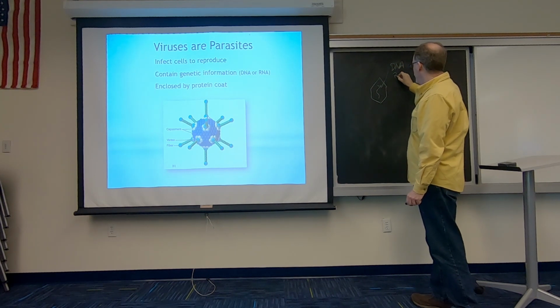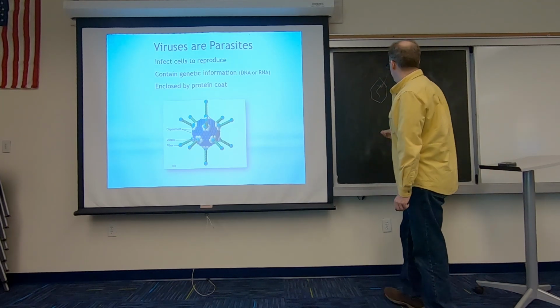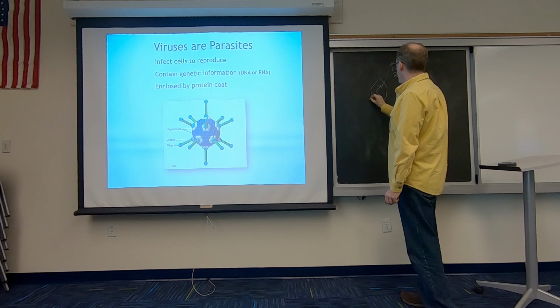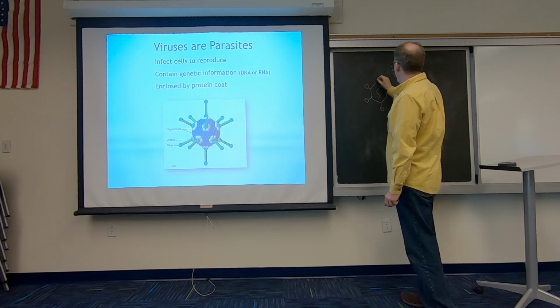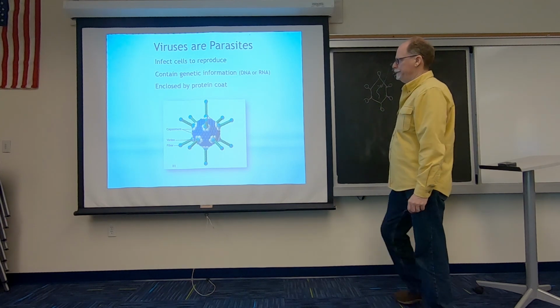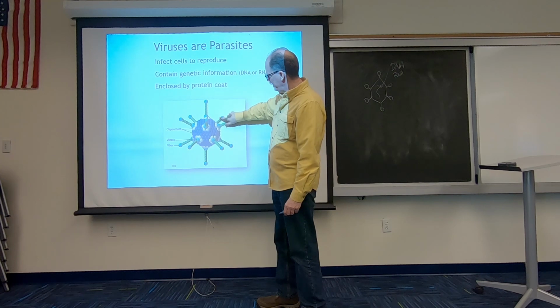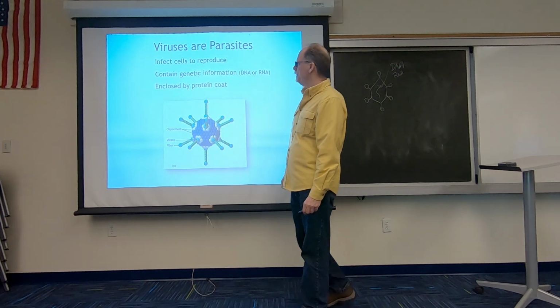It can be RNA as well. It depends, one or the other. Then they have what are called spike proteins, right? They call it fiber there, but they're big, long spike proteins.